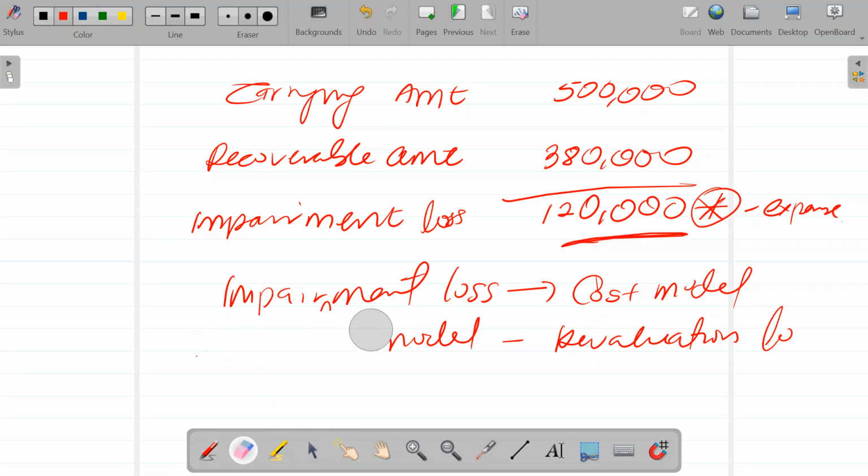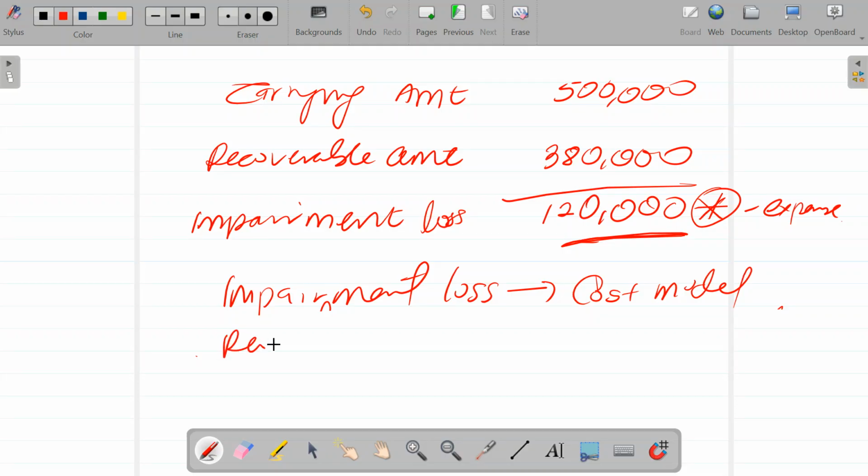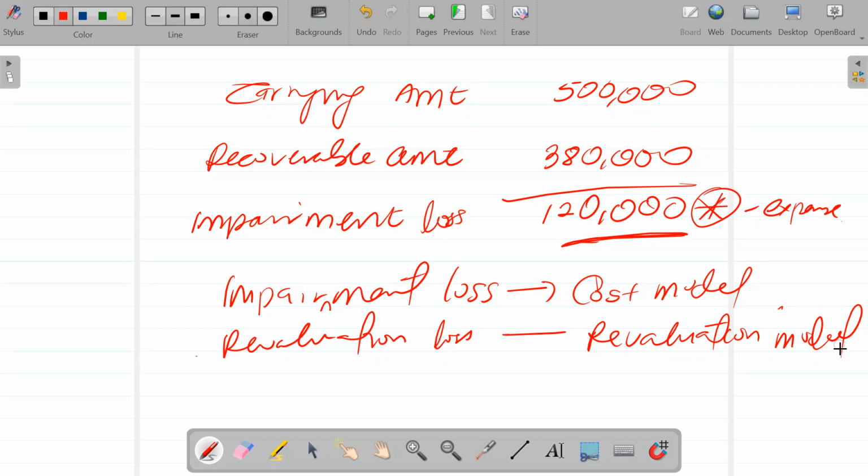So it is revaluation loss if we are using the revaluation model. I hope we are clear with that.